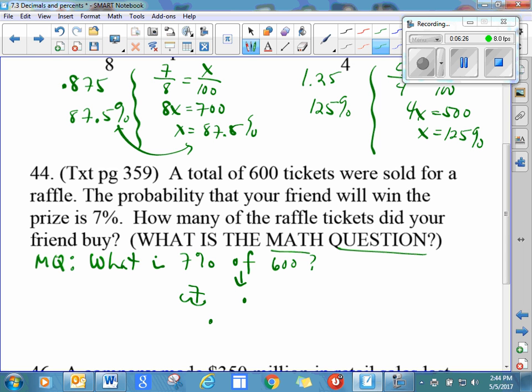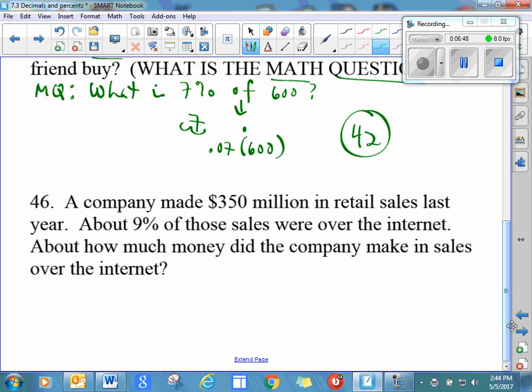So our decimal is 0.07. Of means multiply. 0.07 times 600 is 42. So your friend bought 42 of the 600 raffle tickets, and that gives her a 7% probability of winning. Not great.